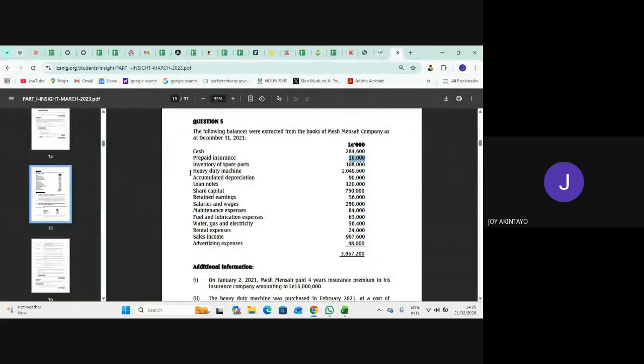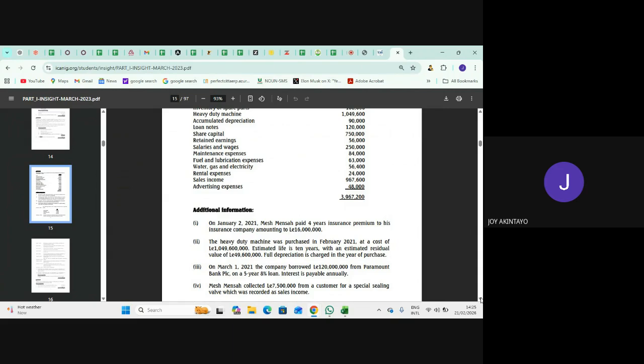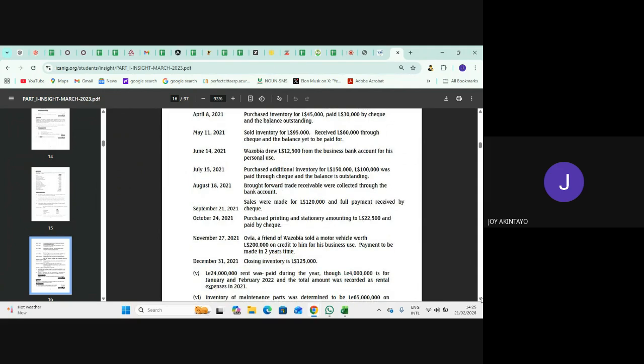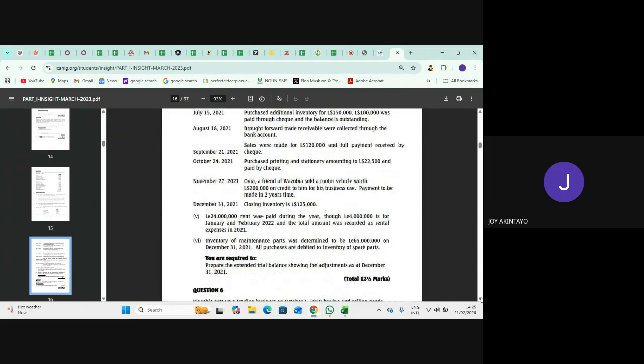So inventory of spare parts. Let's look at our question. Do we have any purchases? We're being told that inventory of maintenance parts was determined to be this as at December.